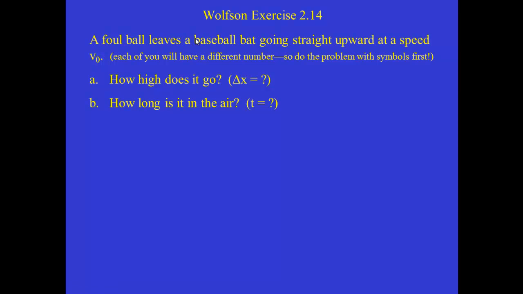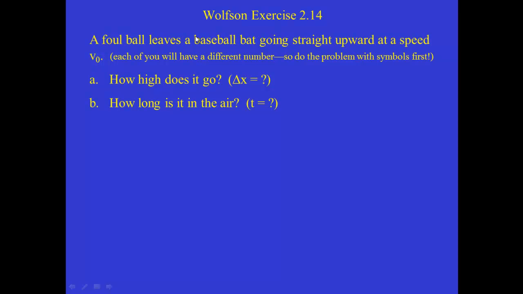You'll have this problem for homework, but it'll be a numerical problem, and each of you will be given a different numerical value for the initial speed. So everybody will get a different numerical answer, but since you're all going to work the problem out symbolically first anyway, then the solution will begin with the same steps for everyone. So here's the problem.